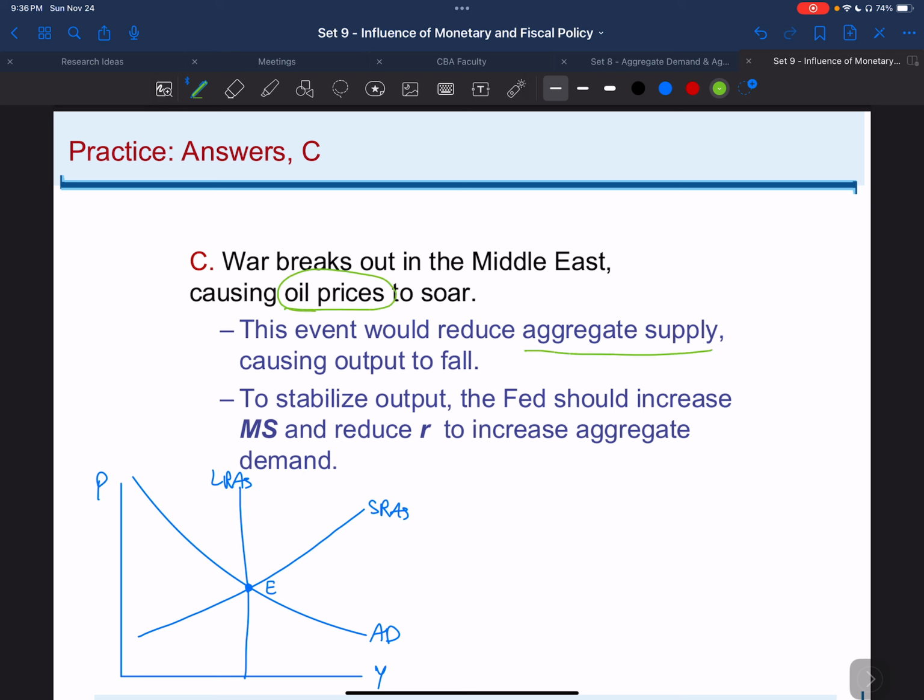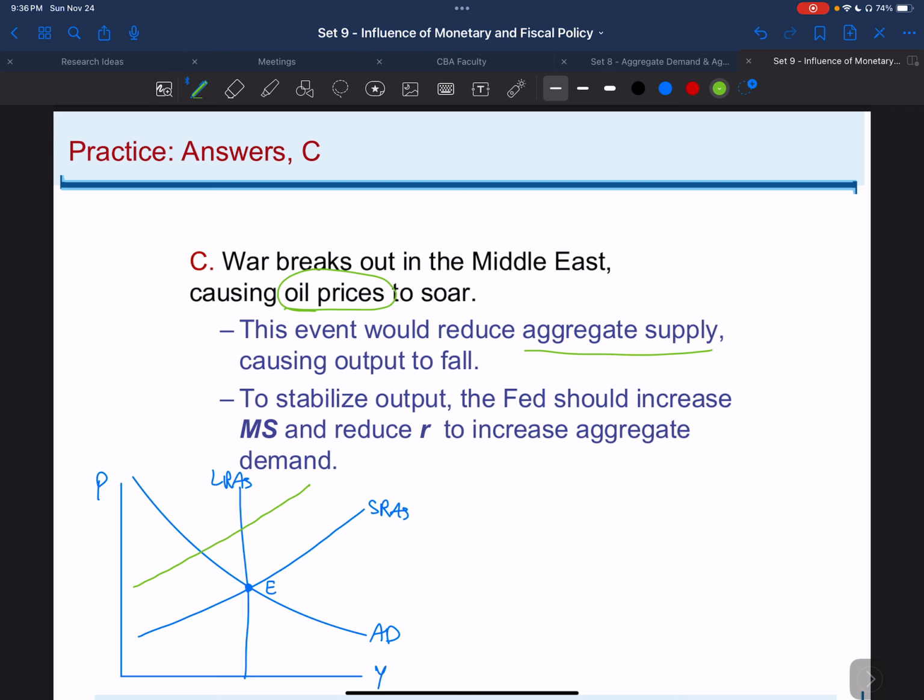oil is used as an input, as a resource to produce goods, so it will affect the aggregate supply.